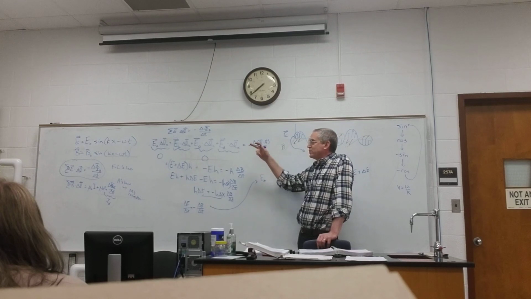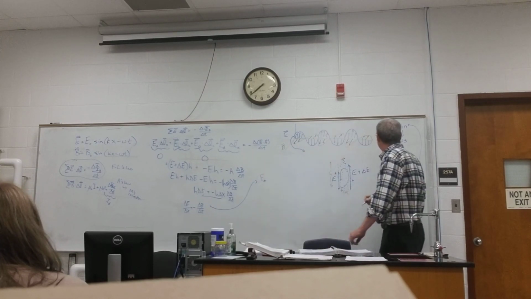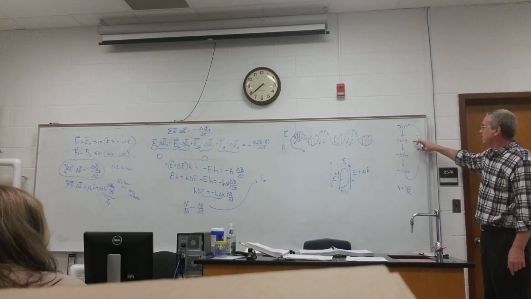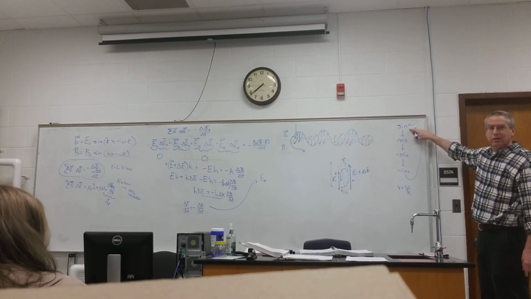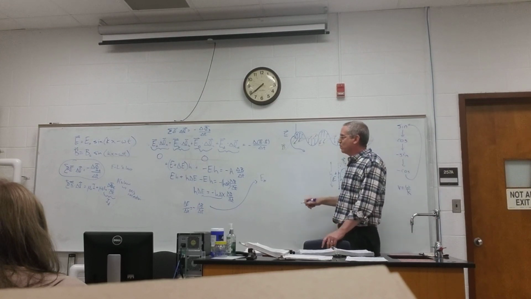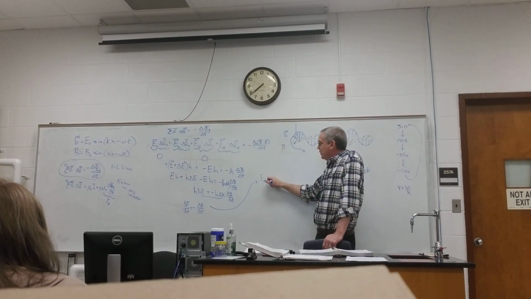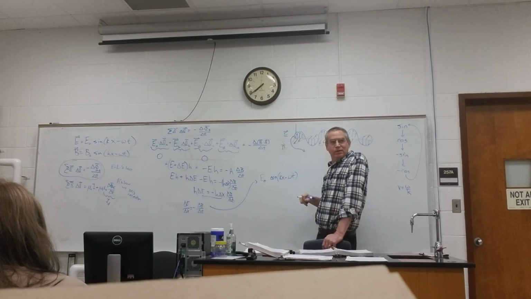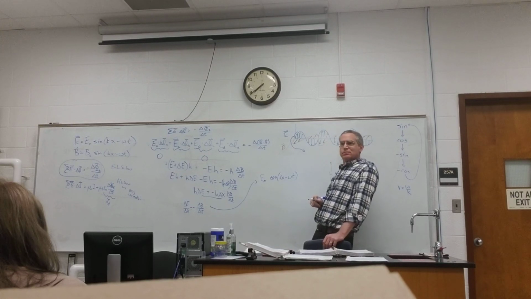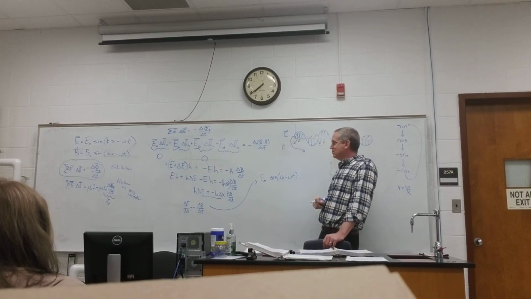Oh, we're starting with sine now. Well, before in class we started with cosine, but we're starting with sine. Okay. Then it's just E sub 0 cosine kx minus omega t. Left one thing off. A. Right?